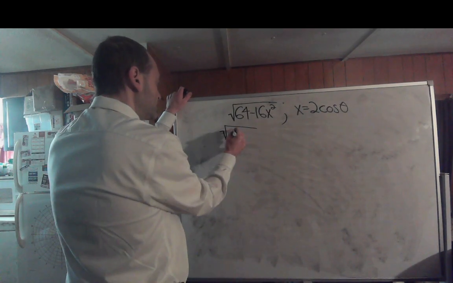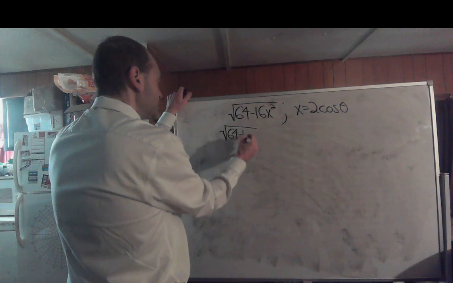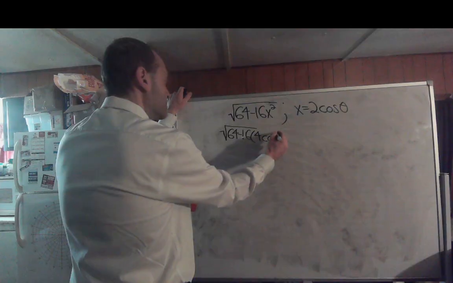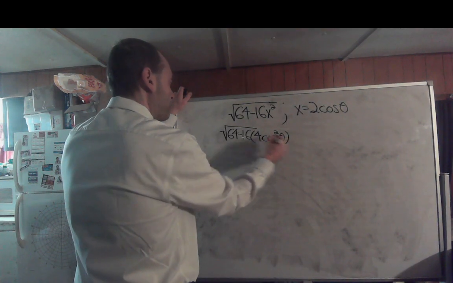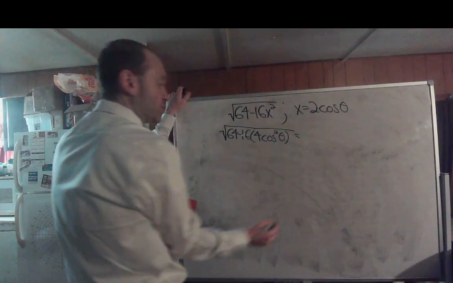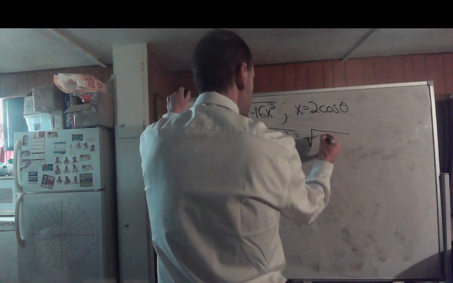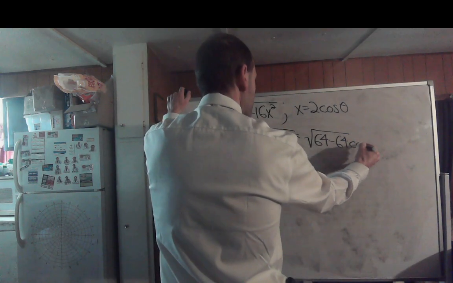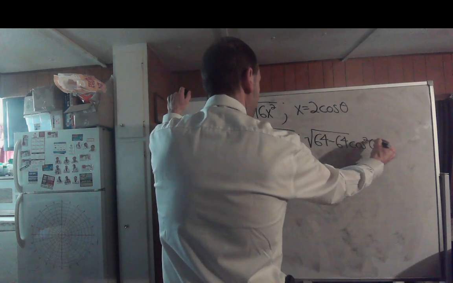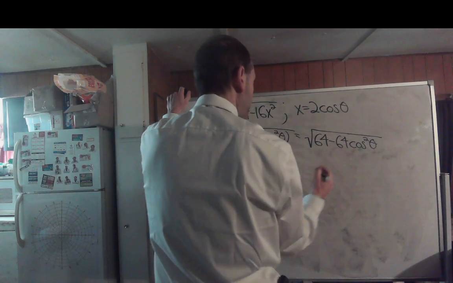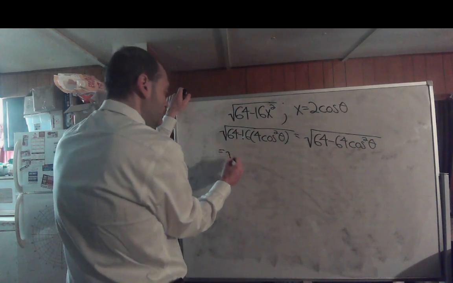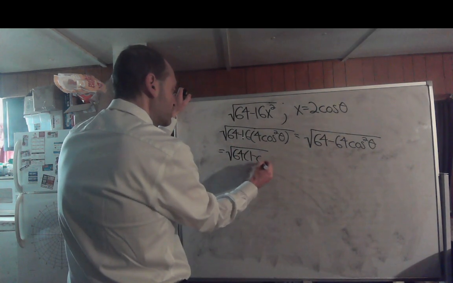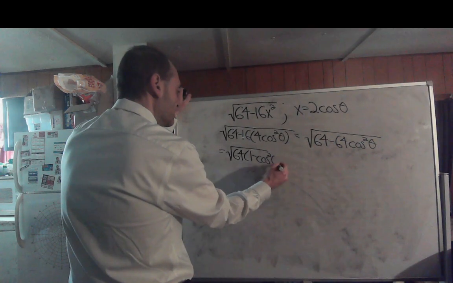You'll end up getting 64 minus 16 times 4 cosine squared of theta, which would turn into the square root of 64 minus 64 cosine squared of theta, which would turn into the square root of 64 times 1 minus cosine squared of theta.